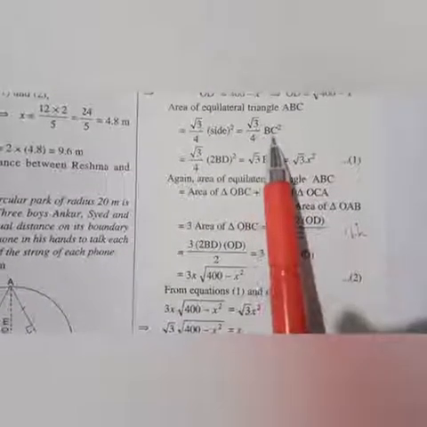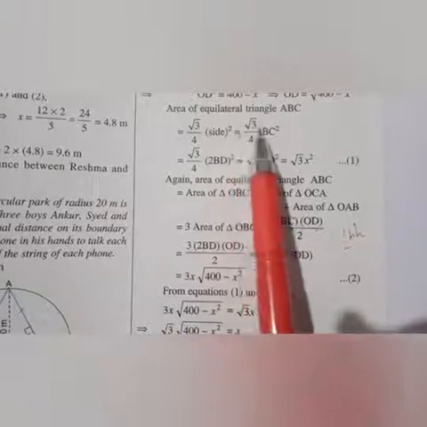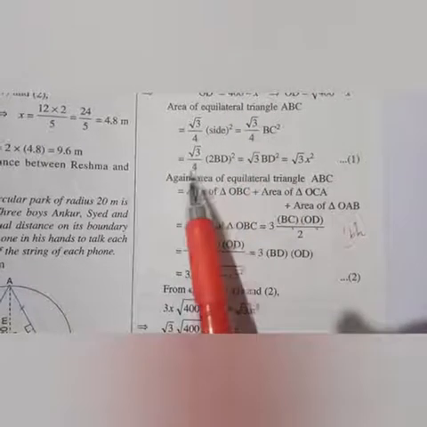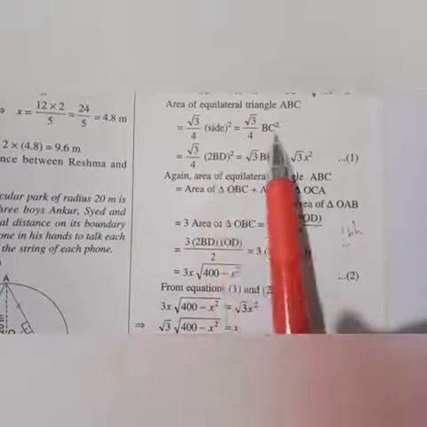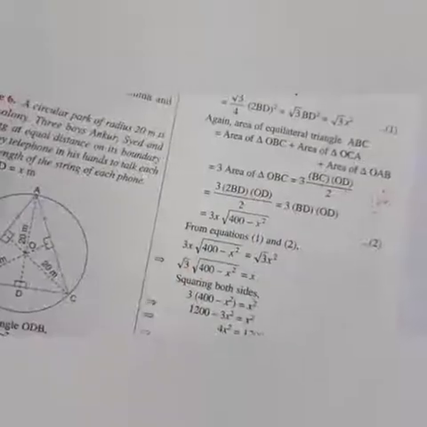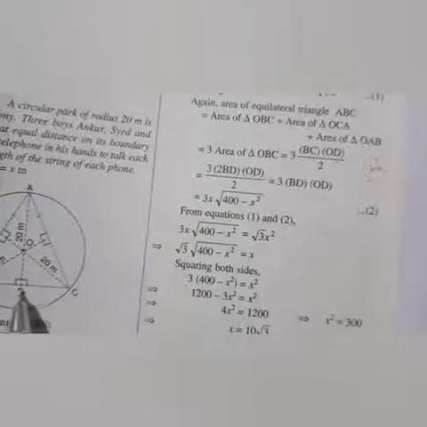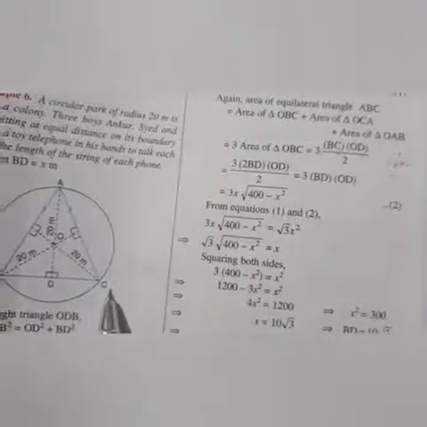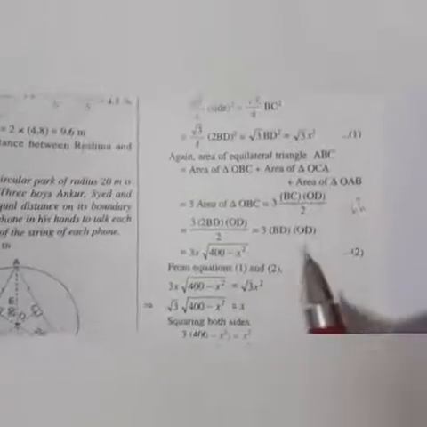We can take any side because all sides are equal. Now substitute BC as 2BD, BD plus DC, since BD and DC are equal.